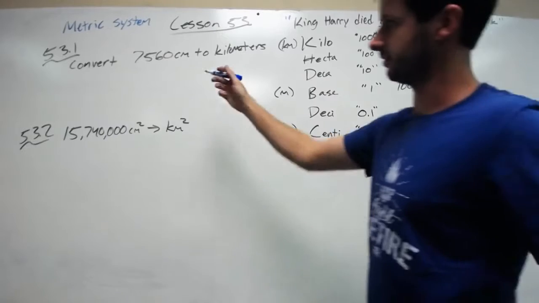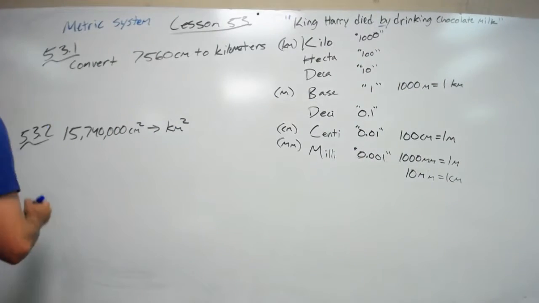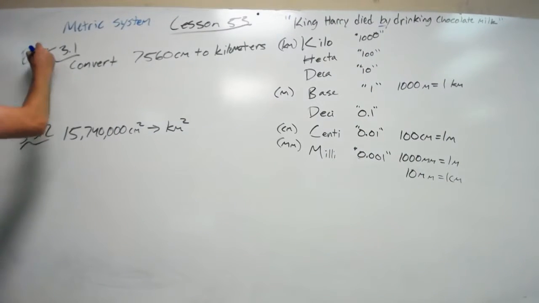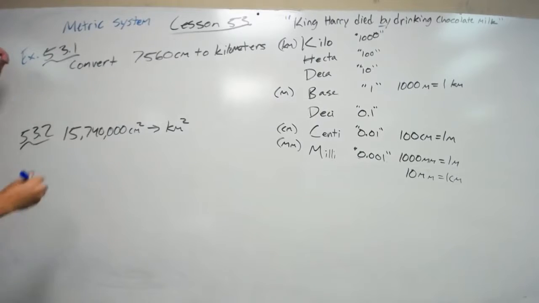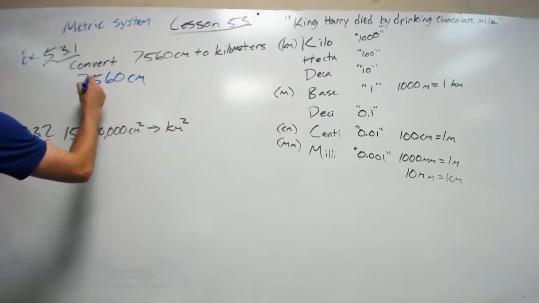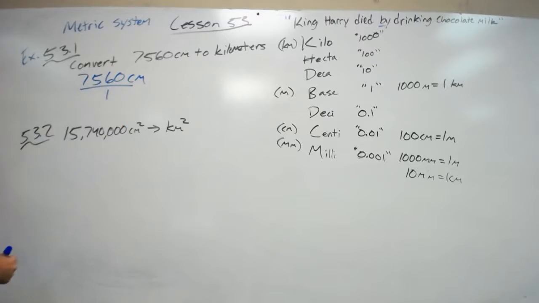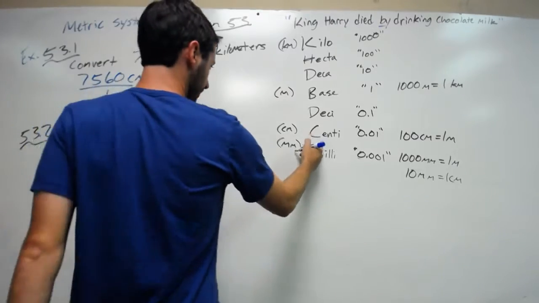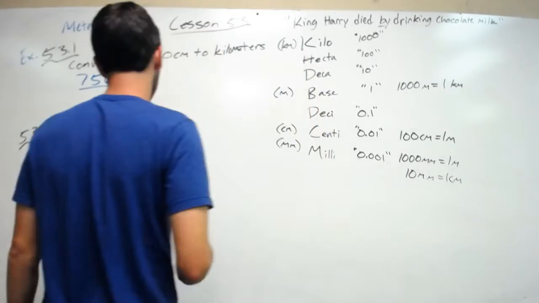So let's now use that for example 53.1. It says convert 7,560 centimeters to kilometers. Okay. Well, you could do this different ways. You could count how many centimeters measured would be in a kilometer.